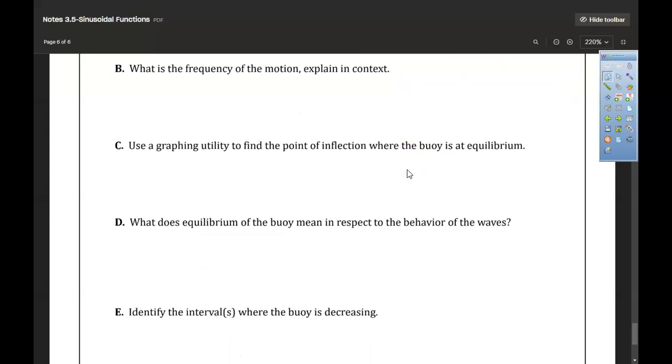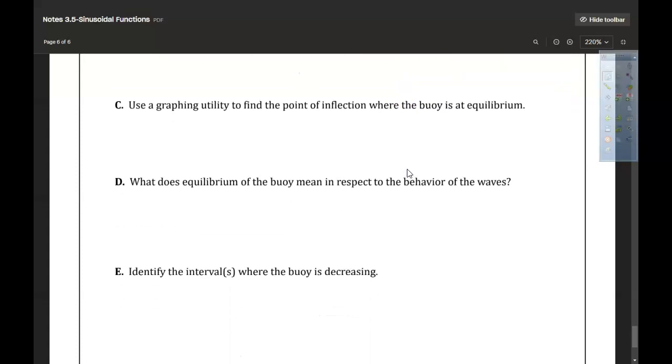Alright. Use a graphing utility to find the point of inflection where the buoy is at equilibrium. How would you do that? Alright, so by graphing utility, it means use a calculator, right?